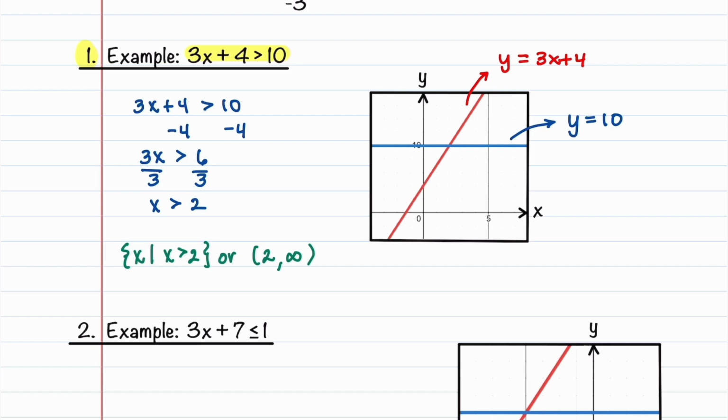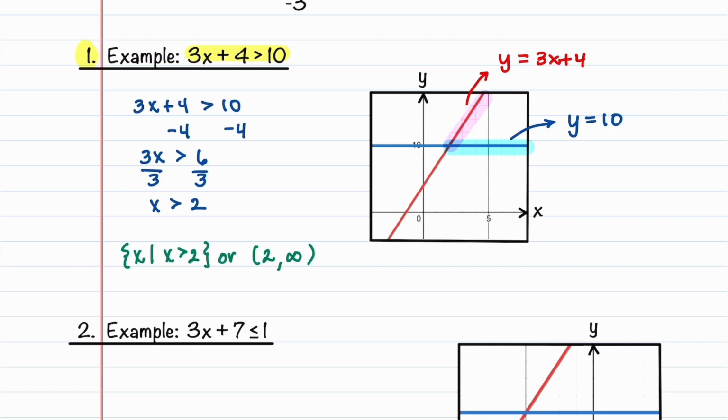Our inequality says that our 3x plus 4 has to be greater than our 10. So that means our solution is going to be where our red graph is bigger than our blue graph. And that's going to be in this part right here. 3x plus 4 is going to be bigger in that region than y is equal to 10.